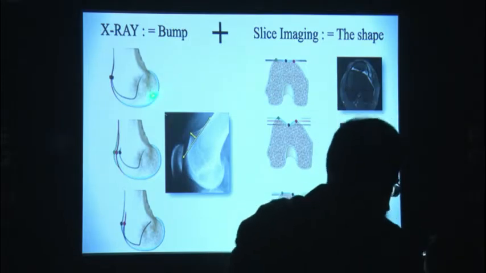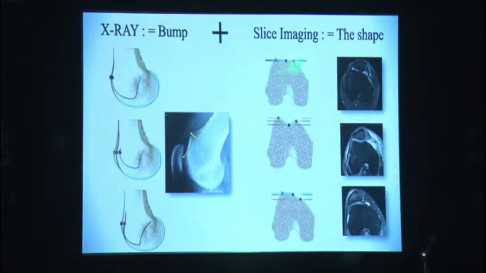You have 3 points: the medial side of your trochlea, the groove, and the lateral side. And depending on the position of these 3 points, you will be able to say that you have a concave trochlea, a convex trochlea, a flat trochlea, and then you will also see the orientation of your trochlea.